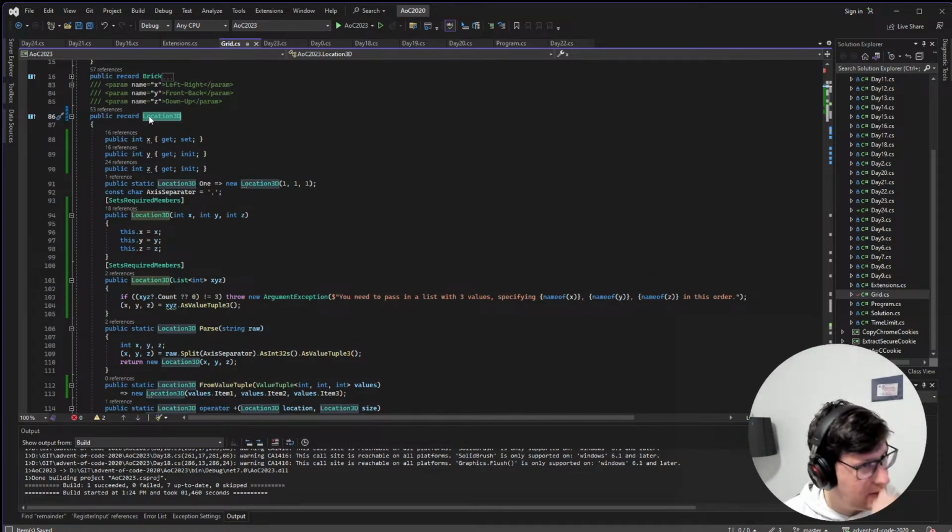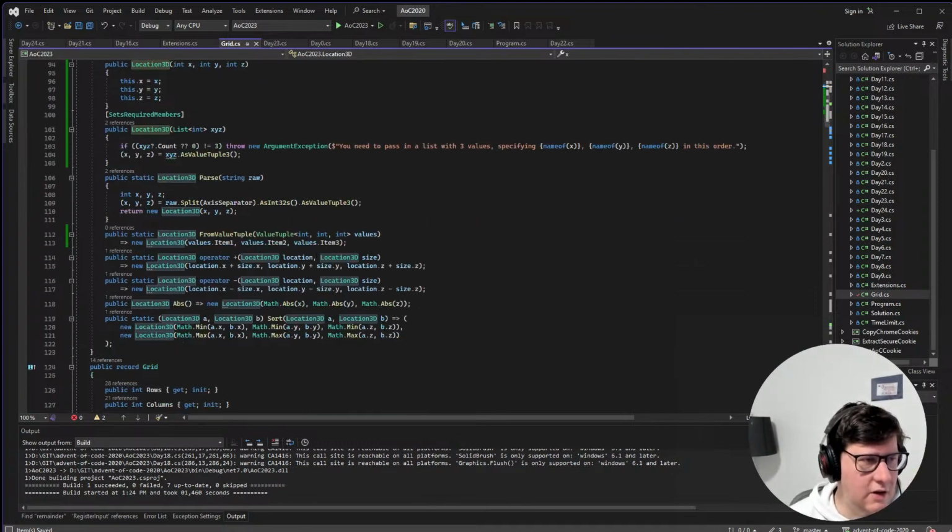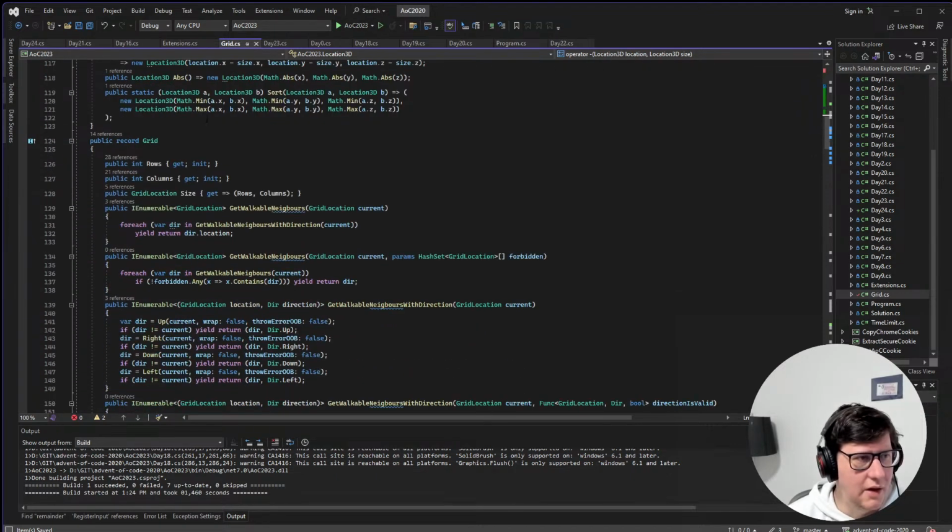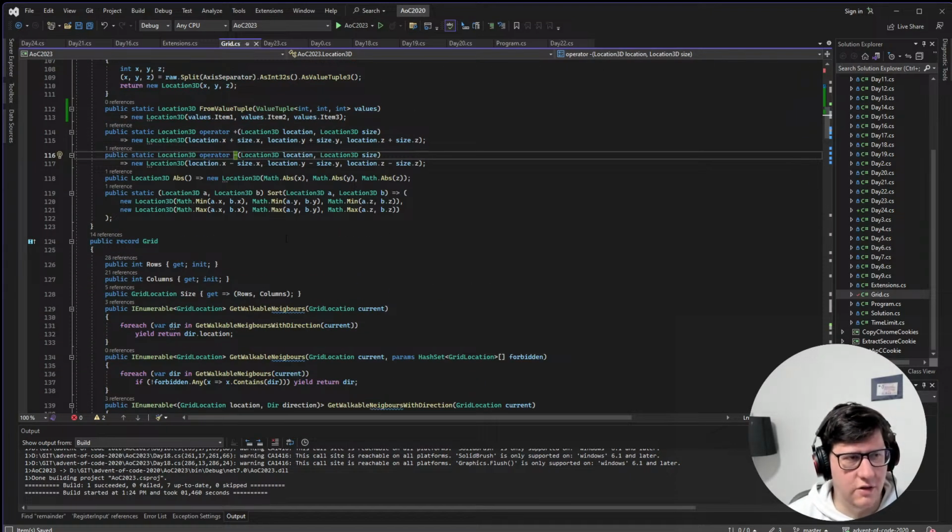This one is just a record with an XYZ, so a position in 3D, and it has all sorts of helper functions. So you can combine them with plus or minus, and probably also the multiplication. I will need to do that in a bit. I've done this for 2D and I have all sorts of operators there. I will probably need to make sure that I do that as well.